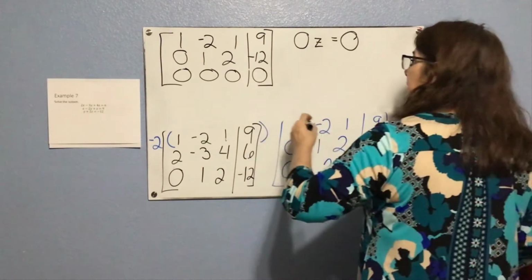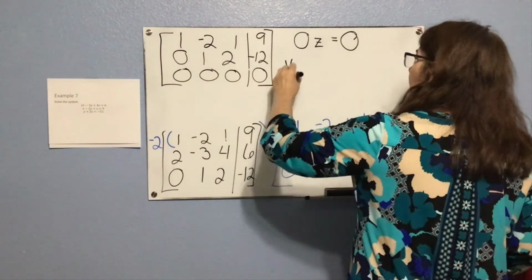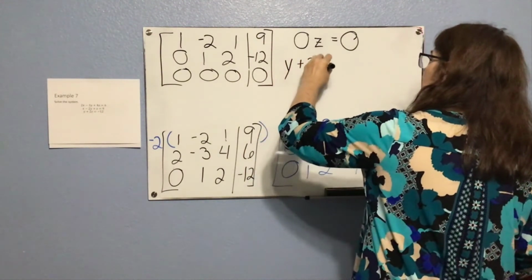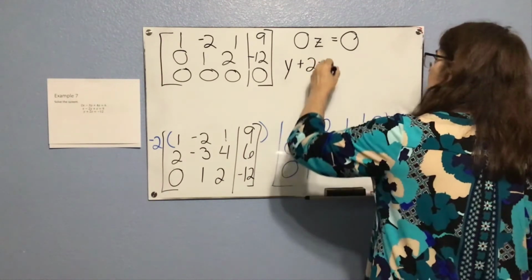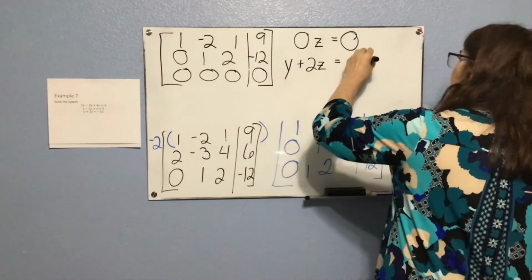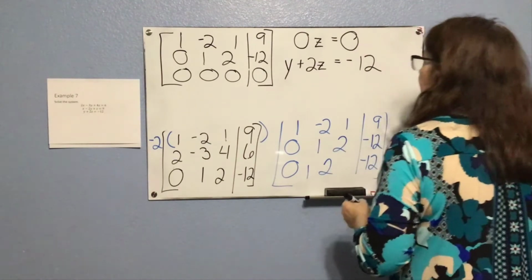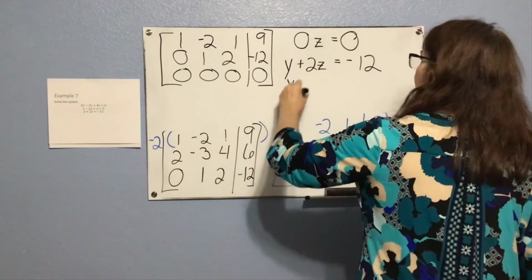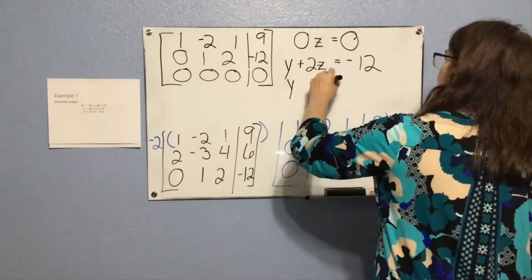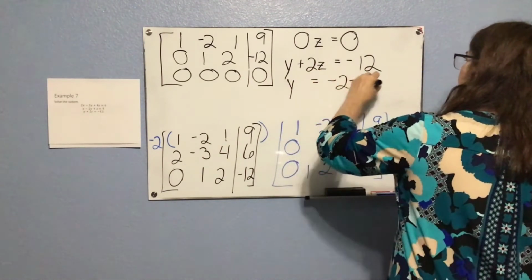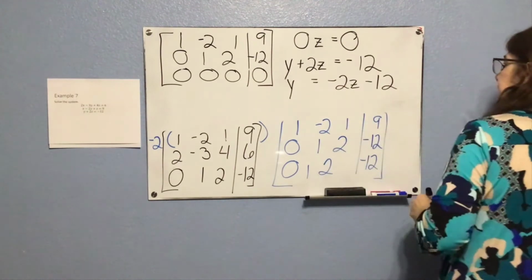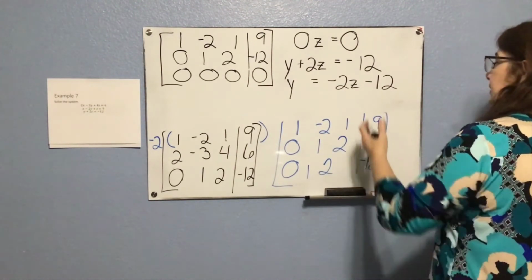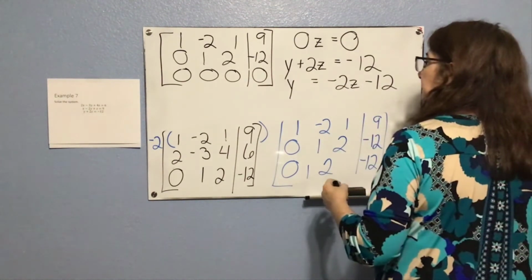equation now that says y plus 2z equals negative 12. And we're going to solve that for y, so we get y is equal to negative 2z minus 12. And that's as much as we can do with that.